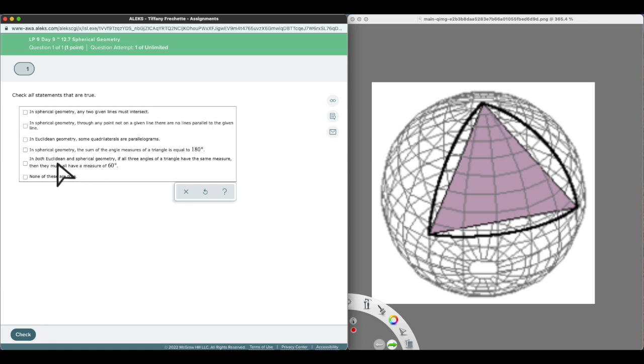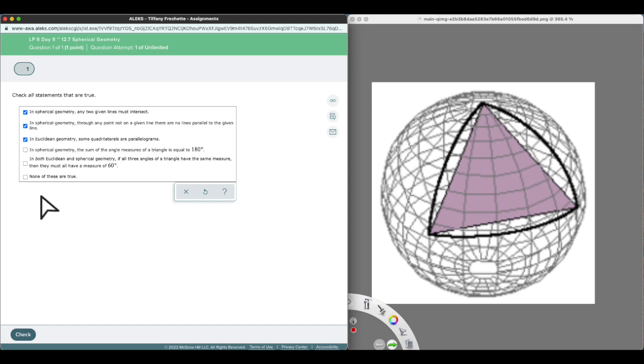So I'm going to go ahead and check that guy for true. In a spherical geometry, through any point not on a given line, there are no parallel lines given to that line. So yes, we read that a couple of times on that background page. In Euclidean geometry, that's the one we're used to, some quadrilaterals are parallelograms. And that's true. Not all quadrilaterals are parallelograms, but some are.